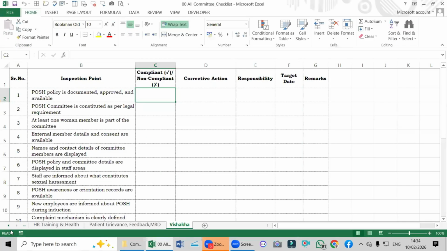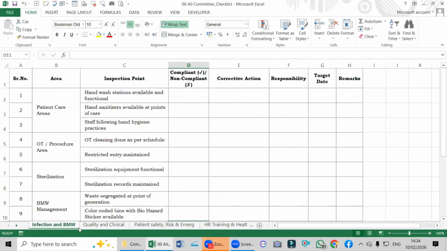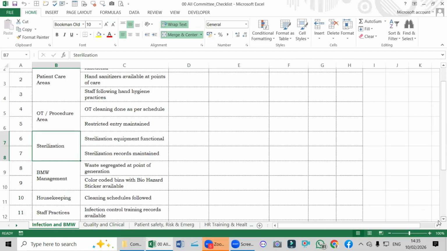First one, infection. Now you can choose, saying that okay, this particular meeting I'll choose patient care and sterilization. So only these things you need to see. Of course, over a period of a year, you have to make sure that the entire syllabus is completed. But not every meeting, the syllabus need not be complete.